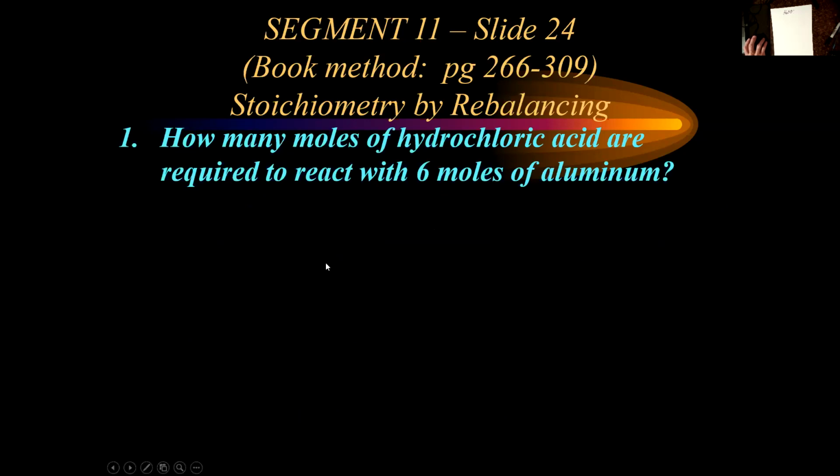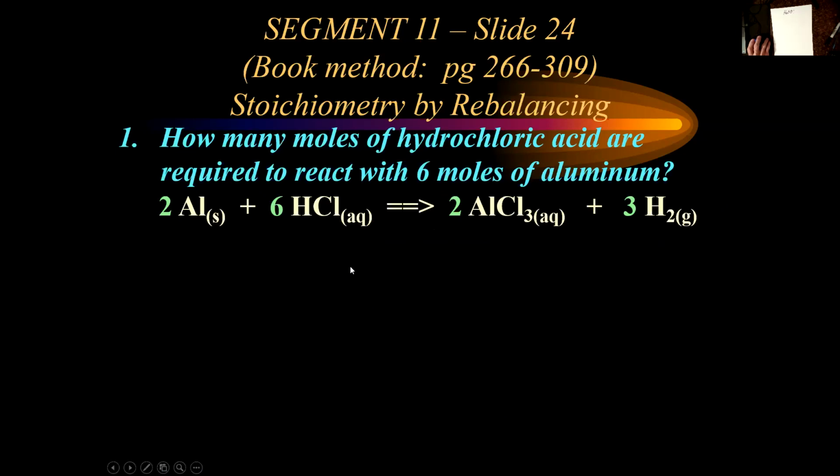Let's work a problem now. How many moles of hydrochloric acid are required to react with 6 moles of aluminum? Okay, here's my balanced equation. Now, I want this reaction to involve 6 moles of aluminum in my problem if the balanced equation only has 2 moles of aluminum.